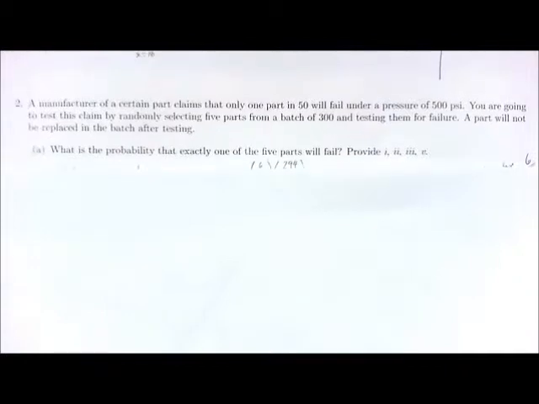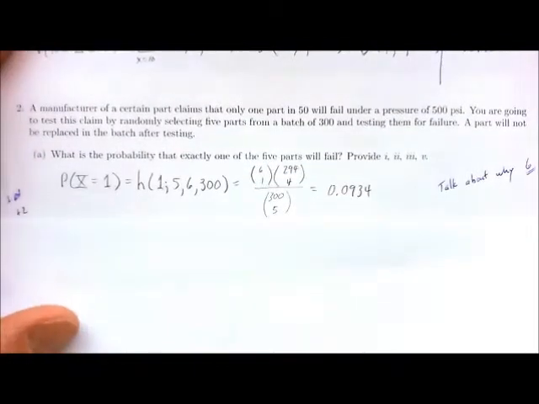Okay, so if we go down here, we're asking when we select our 5, what's the probability that exactly one of those 5 parts will fail under this situation? Again, it's hypergeometric, and so we can see here the probability we're looking for is the probability of 1 failure. We can see we have the hypergeometric distribution. The parameters there, the 5 is the number of parts we're selecting.